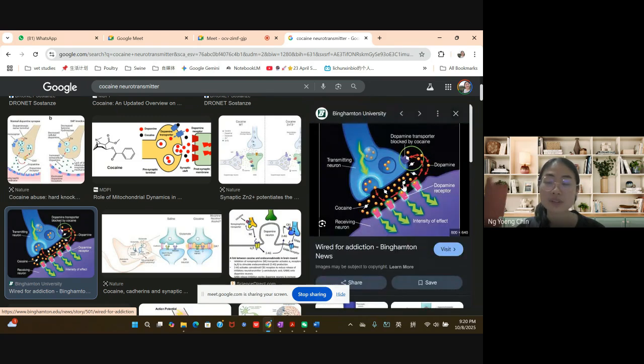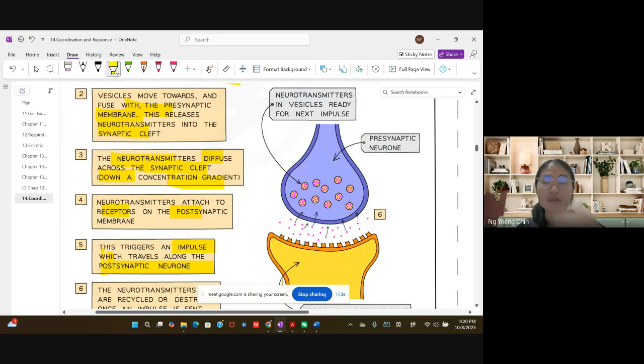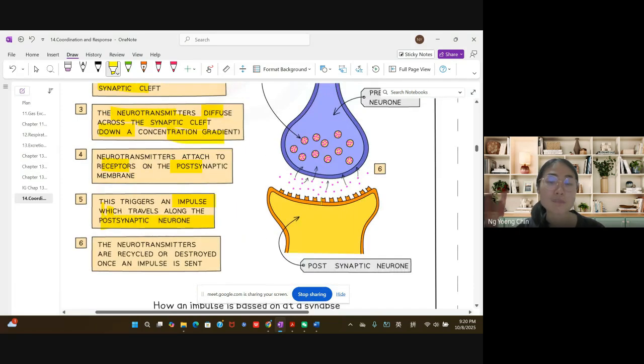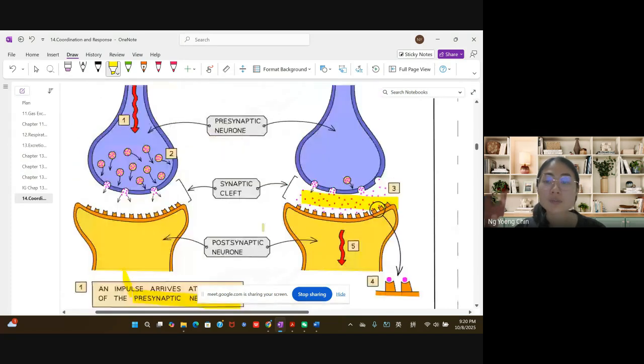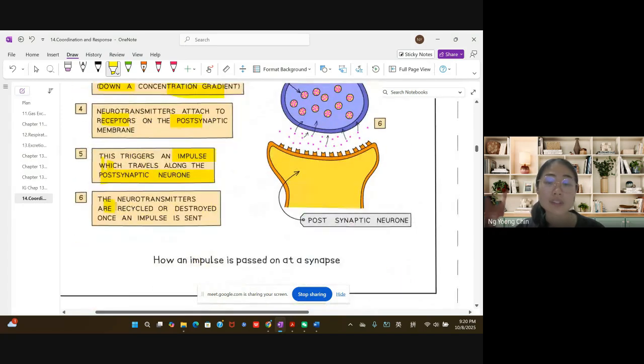This will bring a very, very bad effect if you prevent the dopamine from binding to its receptor. So the neurotransmitter cannot be prolonged in the synapse. It needs to be recycled back or destroyed.